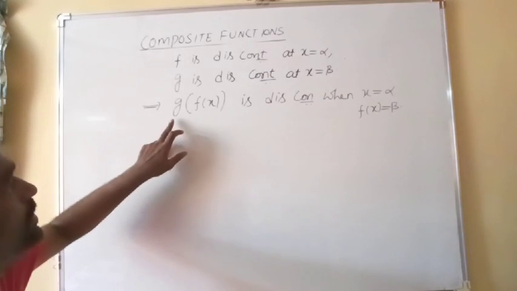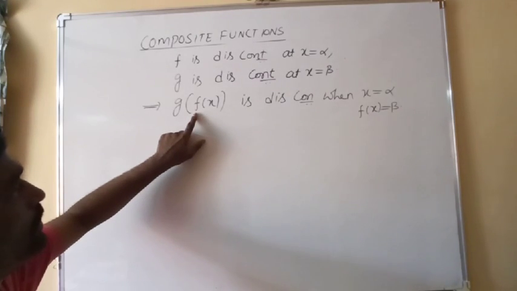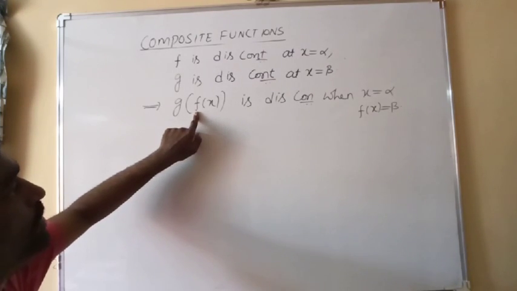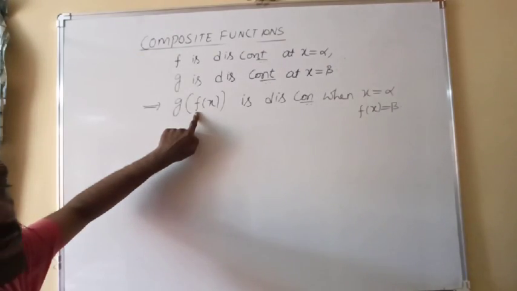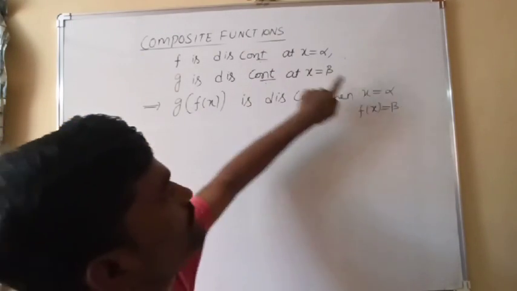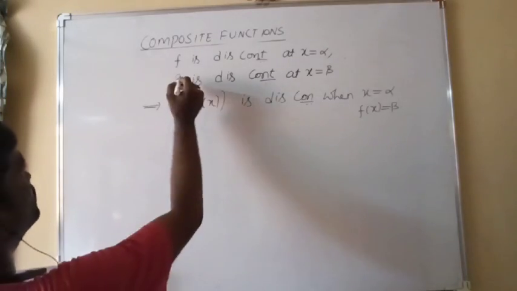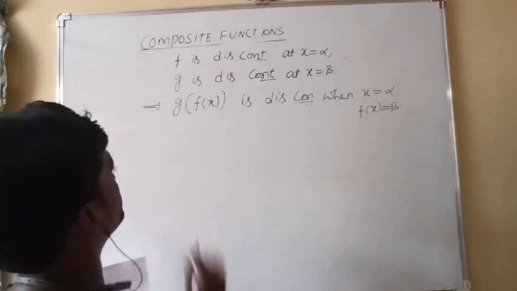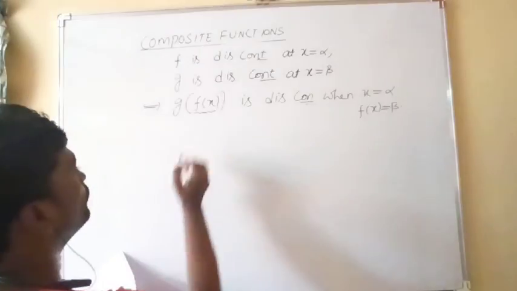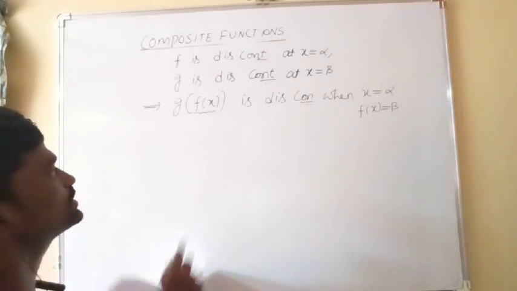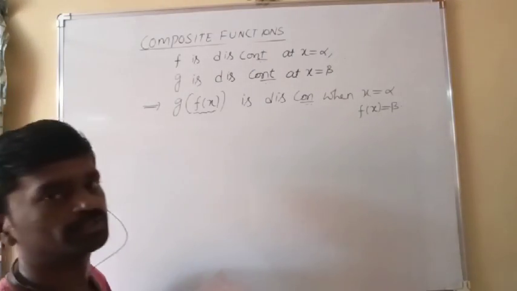See now, g of f of x is discontinuous when f is discontinuous. At which points is f discontinuous? At x equal to alpha. And g of x is discontinuous at x equal to beta. Then g of f of x is discontinuous when f of x is equal to beta.